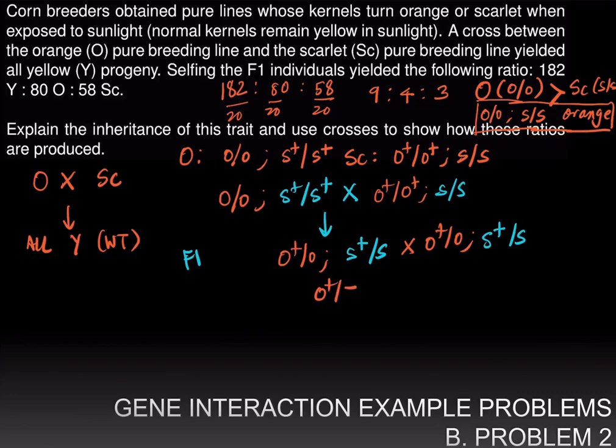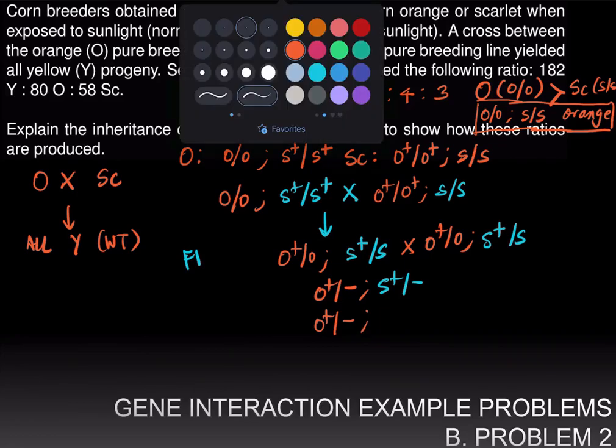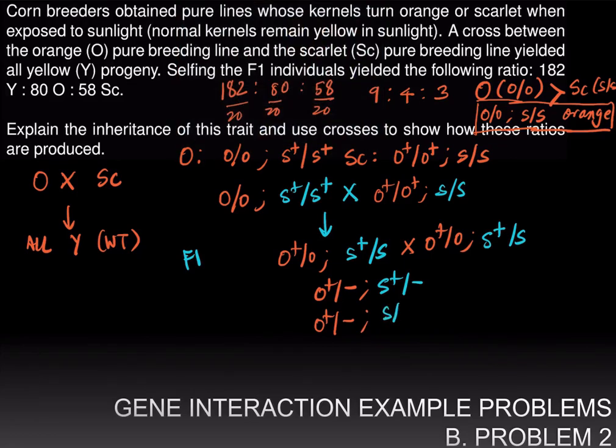We'll get O plus over dash, that's dominant for the orange trait, and S plus over dash, dominant for the wild type allele of the scarlet trait. Then the second phenotypic class is O plus over dash, but homozygous for the mutant allele of the scarlet trait.